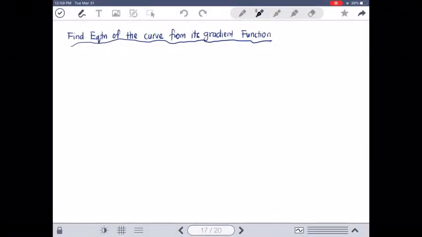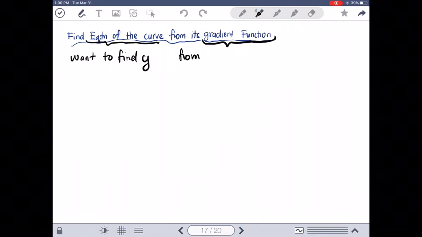Finding the equation of the curve from its gradient function means that we want to find y from the gradient function, which is dy over dx.